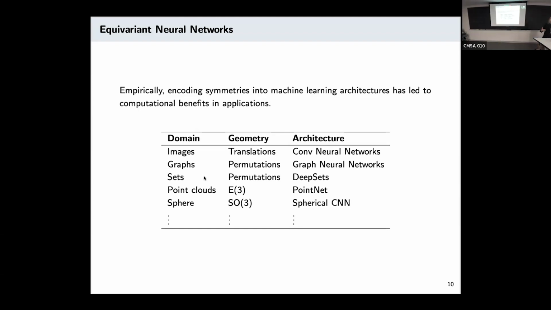Maybe your data lies on a sphere, a parameterization that recently has gotten a lot of interest in climate modeling. And there you want to preserve rotation invariances, so the group that you would be encoding is SO(3). For many different geometric settings like this, architectures have been proposed, and at least empirically, it does work well.